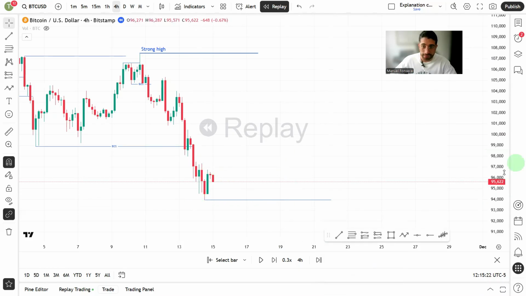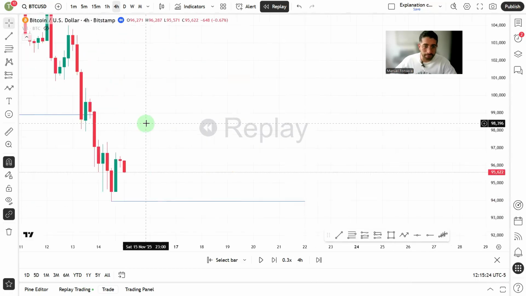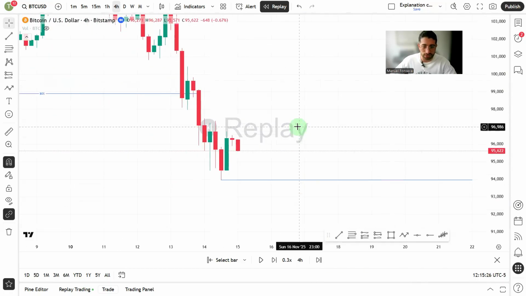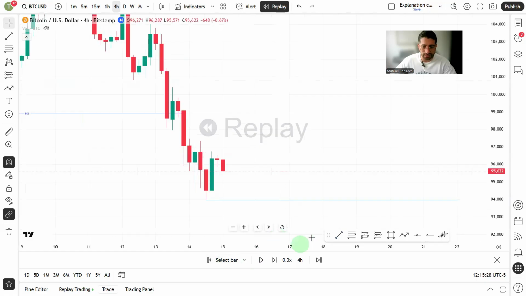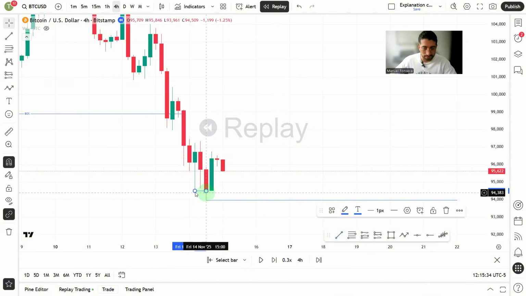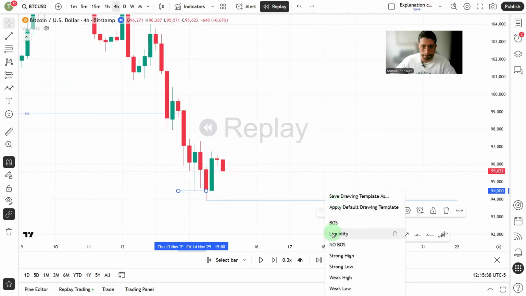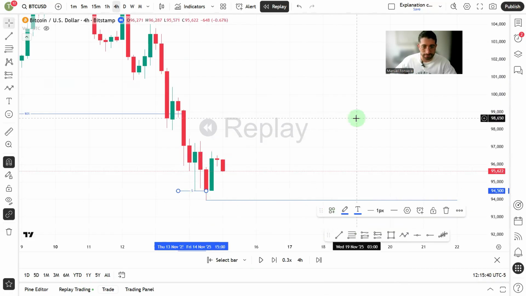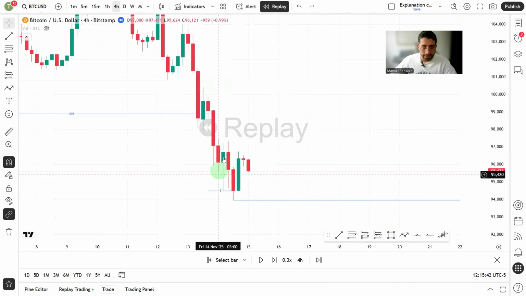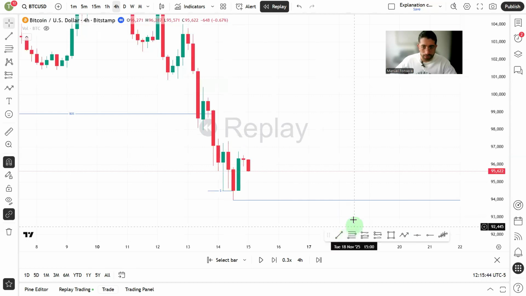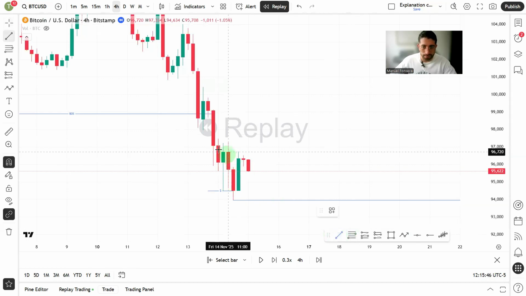You see, we're getting more advanced. Bitcoin has provided us nice structures to explain this video. So look, this low is the swing low. You spot it. Perfect. And then we will wait for the swing high, which is right here.